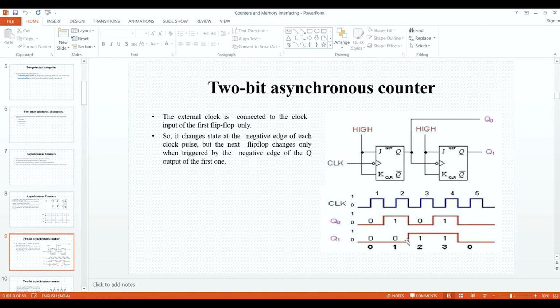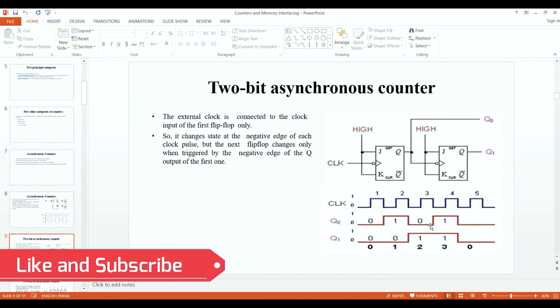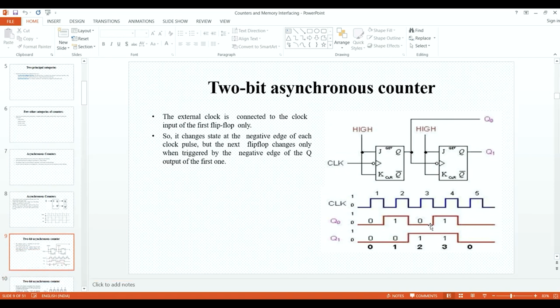Similarly, when Q1 is the next state, it would start from the next falling edge. I hope this is clear. Now it can be rising triggered or it can be falling triggered. That totally depends upon the type of flip-flop, the type of user interface, and the kind of counter you're going to use. As you can see, it is triggered by the negative edge of the Q output of the first one.